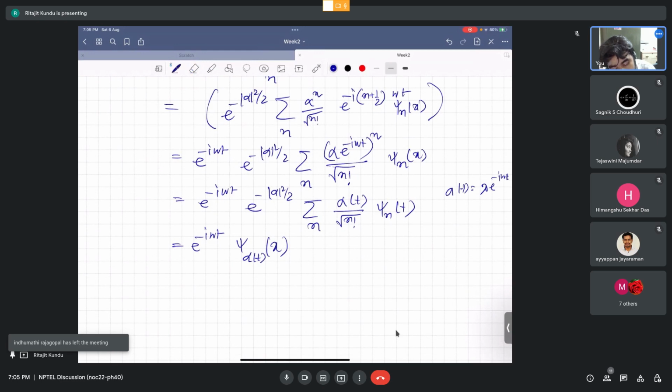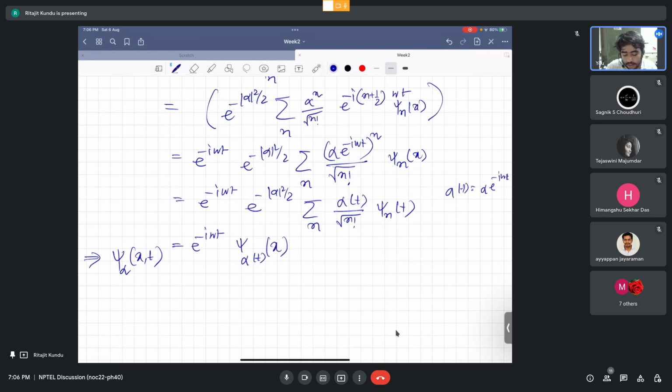So my ψ_α(x,t) has this kind of time dependence. Is this clear to everyone? All of the time dependence is inside the α now. This is how the coherent states actually depend on time.